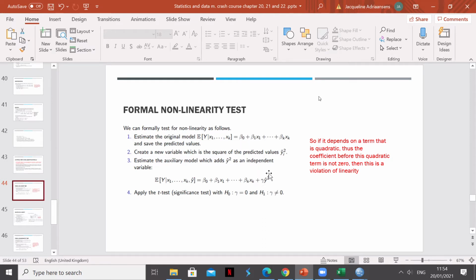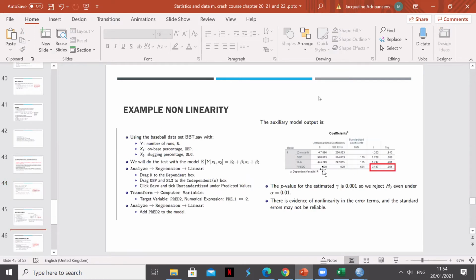If it depends on a quadratic term, because this is non-zero statistically, then it's not linear. And like I said, it only is a very small coefficient. So probably it's close to linear, but this is statistically significant. If you would click on this, you would see that it's actually 0.001. Here it's rounded off a bit.